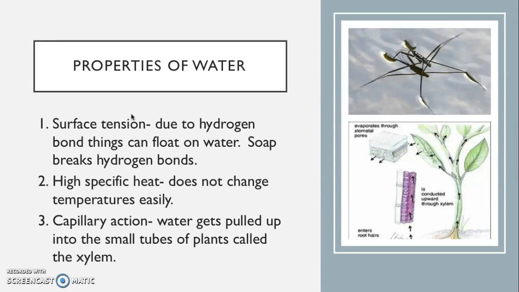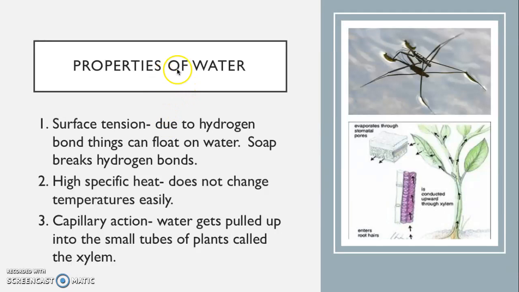I want you to consider how surface tension relates to the intermolecular forces, those polar hydrogen bonds between the different molecules, because we have to have an understanding of what's happening at a molecular level in order to really understand surface tension.